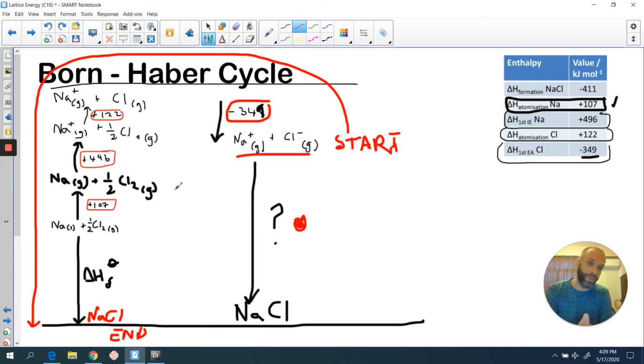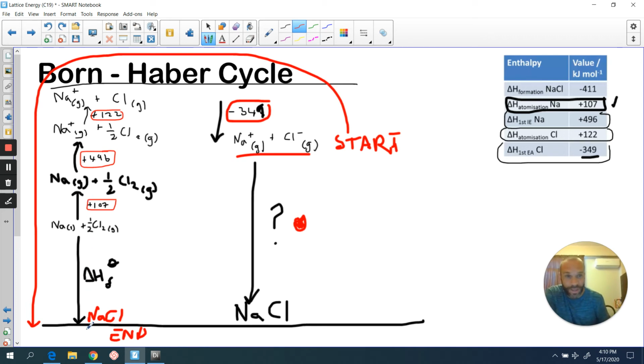What's the thing to be careful with when you're doing the calculation? Similar to what we've been doing before, if you are doing the reverse process, you must reverse the sign. So if you're going against the direction of an arrow, you must reverse the sign. Here, as we go this way, we're going against this arrow, therefore this sign must be reversed. Same here, and here, and here.